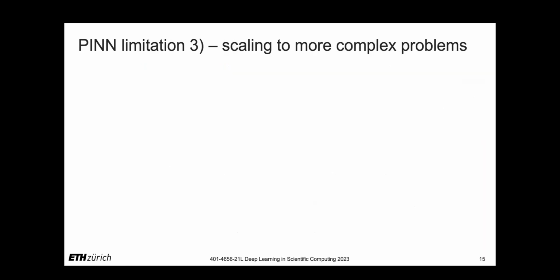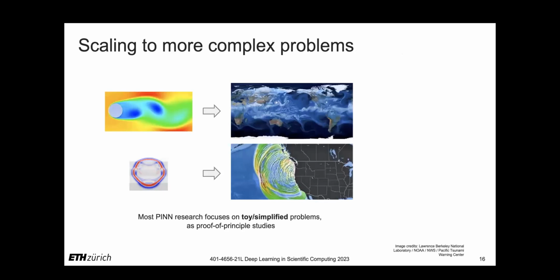Okay, and then the final one is coupled to the poor convergence of PINNs, and this is their ability to scale to more and more complex problems. So what do I mean by that? I think if you've been following along carefully, every single example that I've been showing you of PINNs has been what I would call a toy problem.